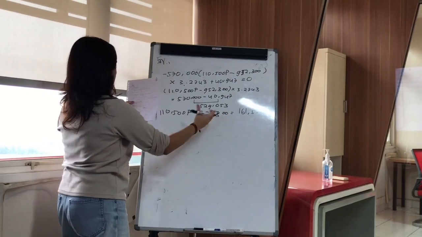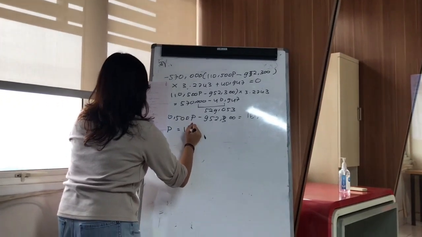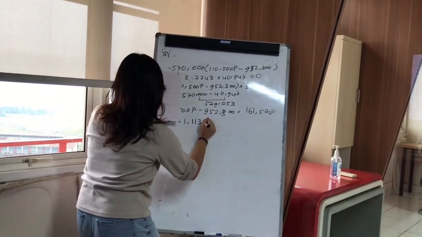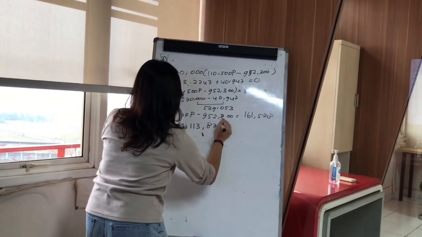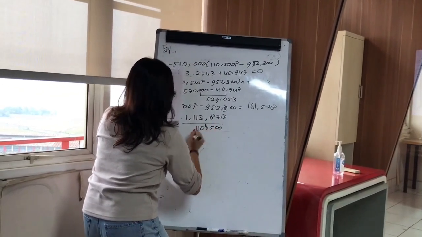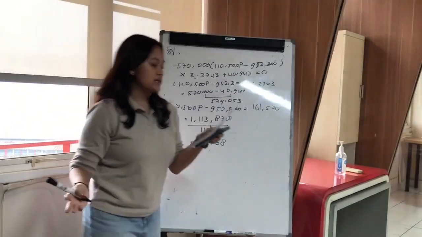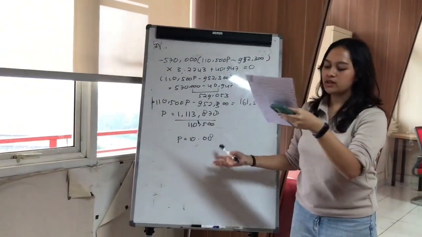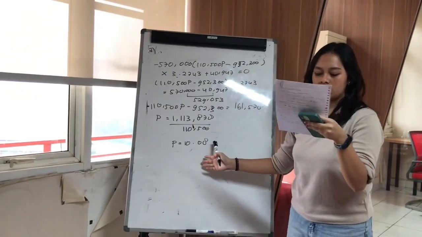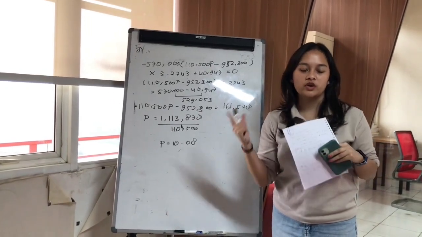With that, if we move around the equation, we will get P is equal to 1,113,878 divided by 110,500. We will get P is equal to 10.08. With this, it means that the bid price at the break-even point is equal to $10.08. That is all for A. Thank you, and let's move on to question B.